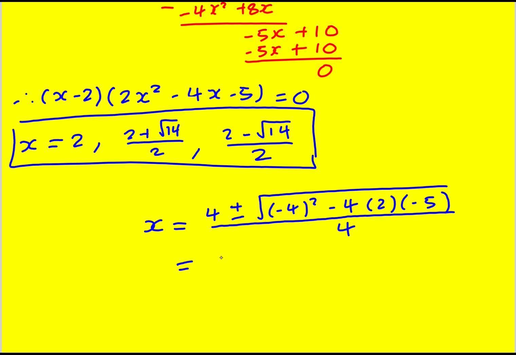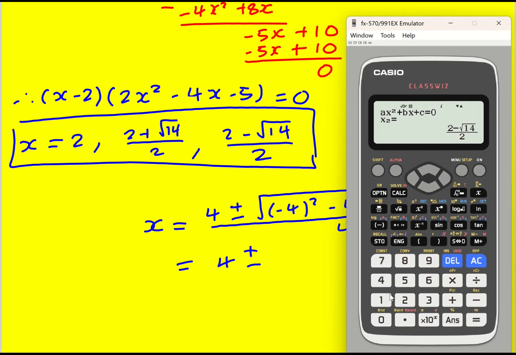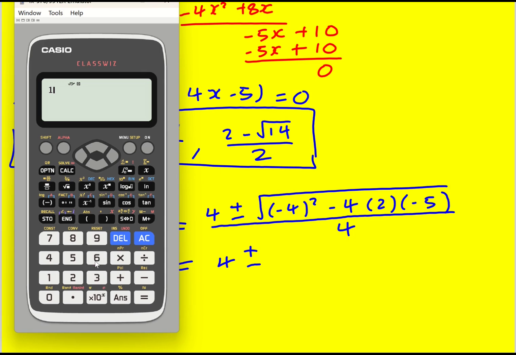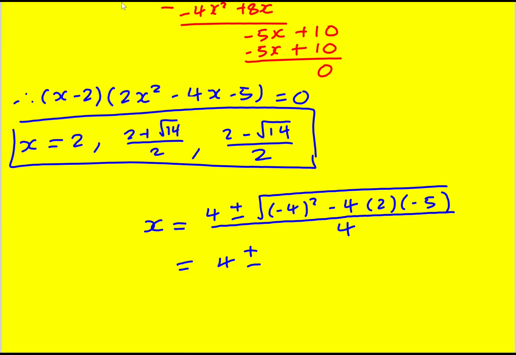That is going to give me 4 plus or minus, I can use my calculator for this bit. So this is if I was doing it by hand, or if I was just showing some extra working afterwards. I've already got the answer. So 16, then it's going to become a plus 4 times 2 times 5, root 56.